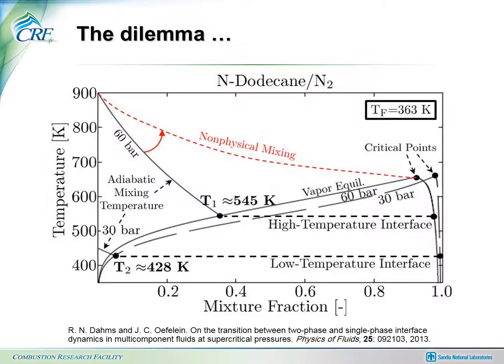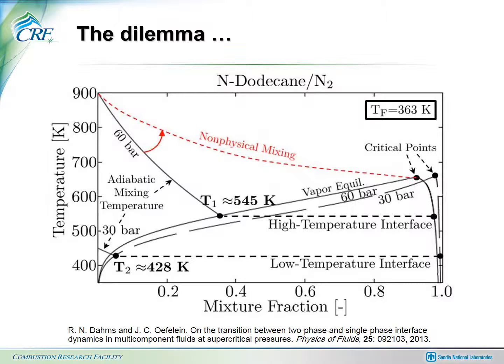So this presents a dilemma from the phase equilibrium perspective, and that's what I want to talk about on this slide. Here we have temperature as a function of mixture fraction, and on the plot are the two equilibrium curves associated with the injection conditions that I just talked about on the last slide.